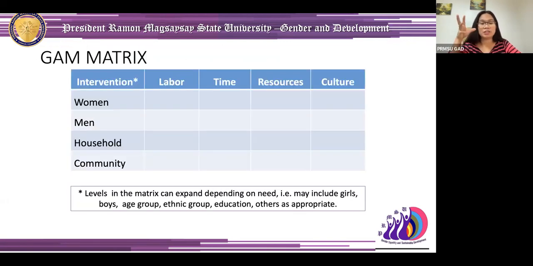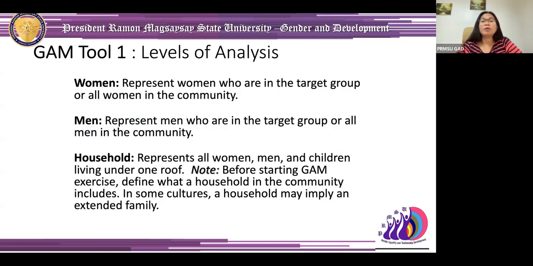Pwede rin po nating i-change yung mga labor. Yung columns po na yan, na labor, time, resources, culture, we can change it depending on what we wanted to investigate or what we wanted to change in the community. So level of analysis. Women, they represent women who are in the target group. So women in the community, we can also have men.